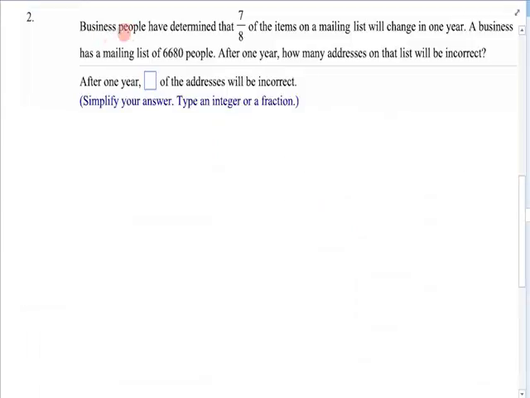The next one says business people have determined that 7/8 of the items on a mailing list will change in 1 year. A business has a mailing list of 6,680 people. After 1 year, how many addresses change? 7/8 of the items will change.